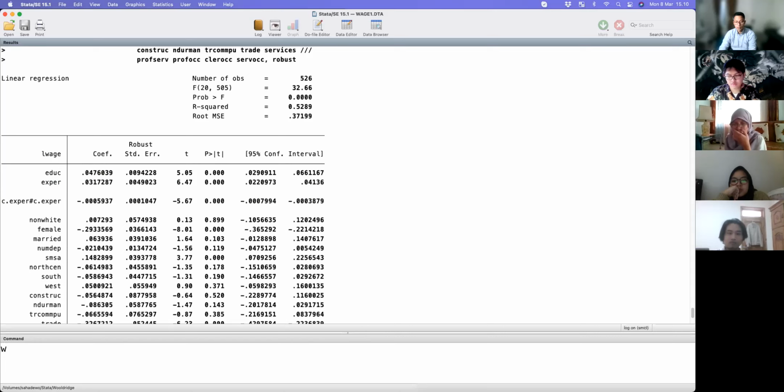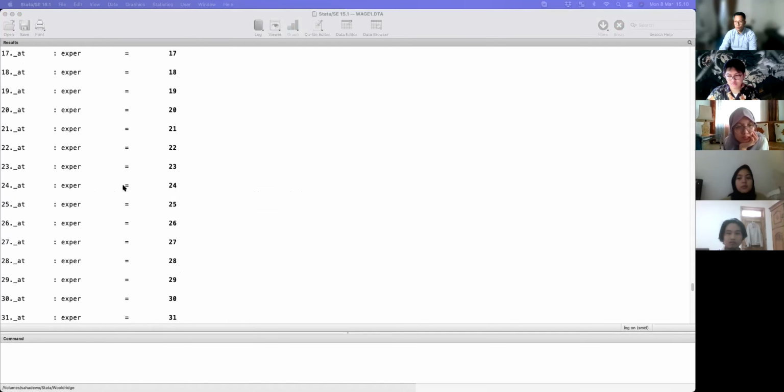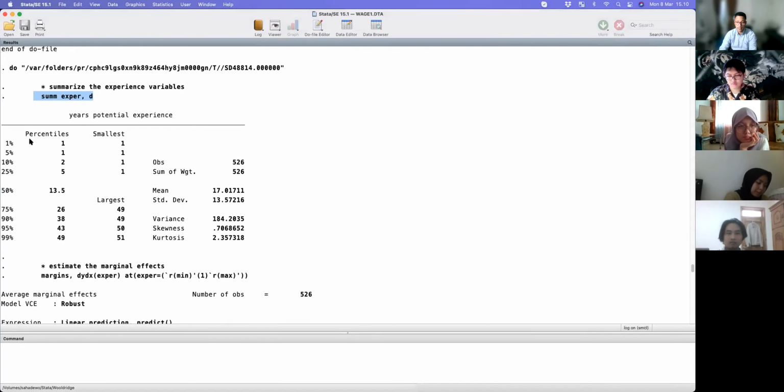The good thing about Stata is that it allows you to estimate the marginal effects for different values of experience. So I'm going to run this. What I did was summarize the experience, and I can observe that there are individuals who just work for a year, and the largest is individuals who've worked for 51 years.